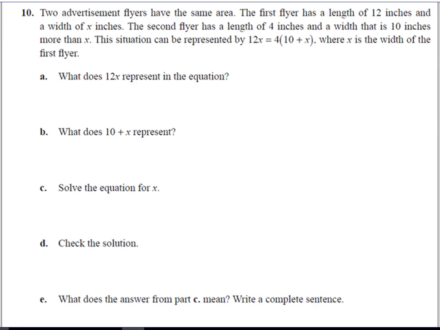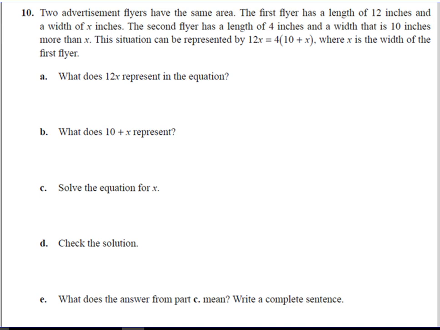Two advertisement flyers have the same area. The first flyer has a length of 12 inches and a width of X inches. The second flyer has a length of 4 inches and a width that is 10 inches more than X. The situation can be represented by 12X equals 4 times the quantity 10 plus X, where X is the width of the first flyer.